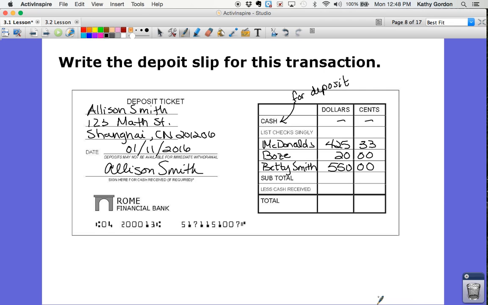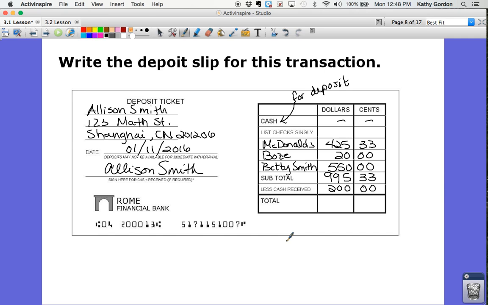Then the next line is a subtotal line. So this is where you add up everything that you're wanting to deposit. So in this case, we end up with that $995.33 amount. But then, since Allison wants to walk out with $200 cash in her hand, we now put the 200 in this line for the less cash received.